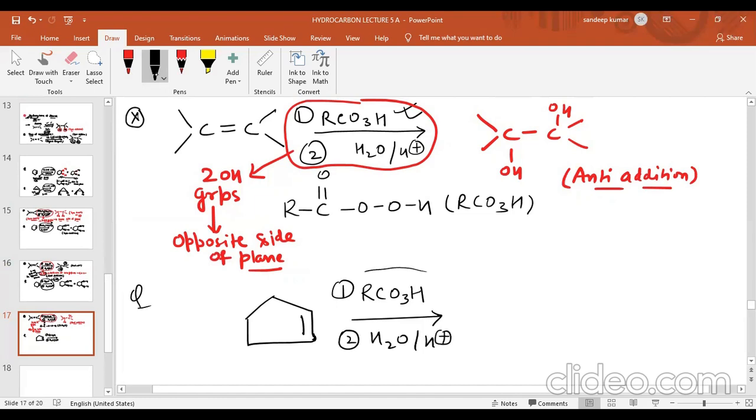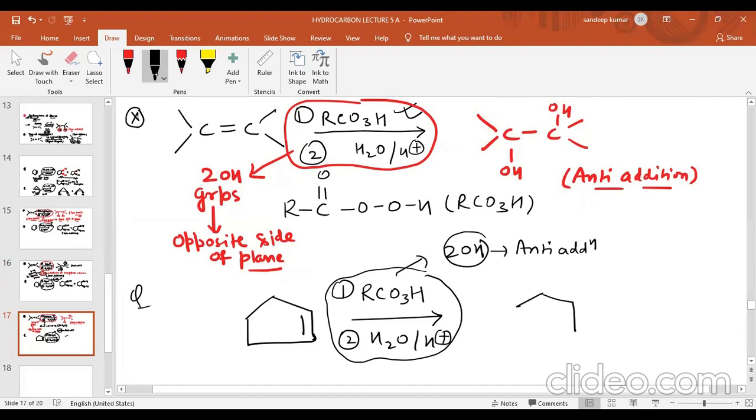This reagent will provide two OH groups, and it will follow anti-addition. So the product obtained is this one. This pi bond will be removed, and these two OH groups will come from the opposite side of plane, like this.